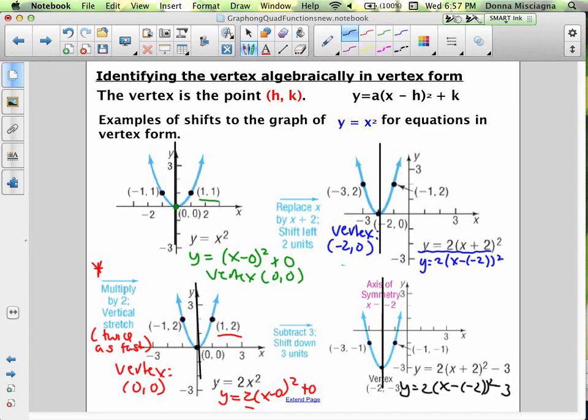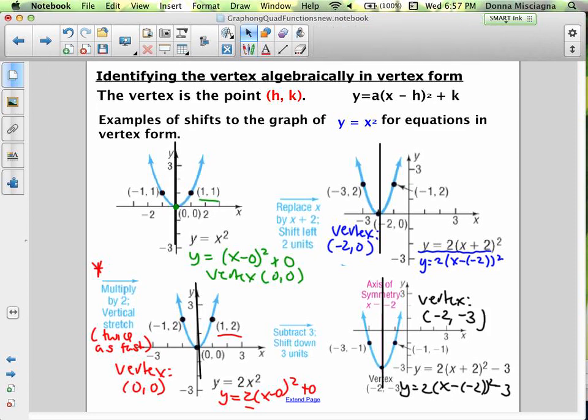So now our vertex is going to be the point (negative 2, negative 3). Our graph is shifted. Notice this is the same looking graph as y equals 2x squared, but it's in a different location. First it's been shifted 2 to the left, so our vertex is at (negative 2, 0). Then it's been shifted down 3, so now our vertex is at (negative 2, negative 3).